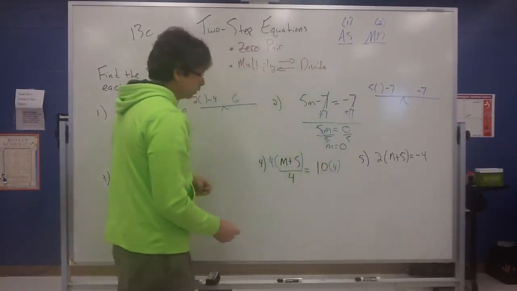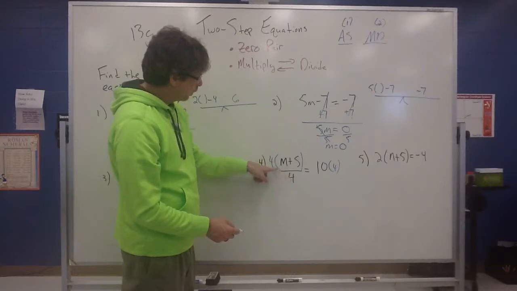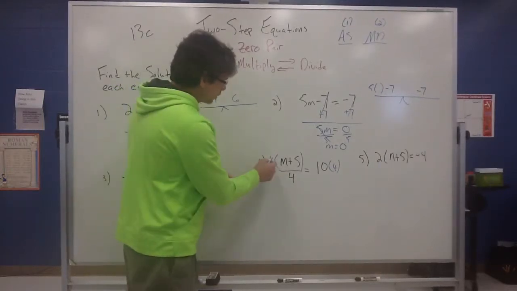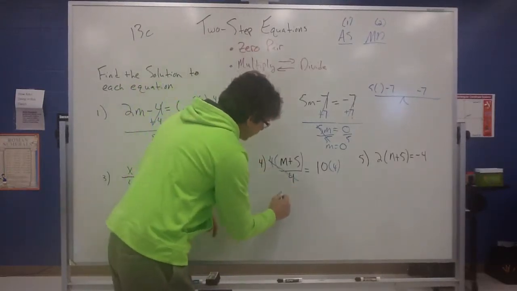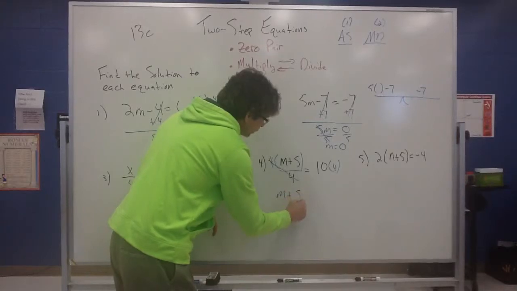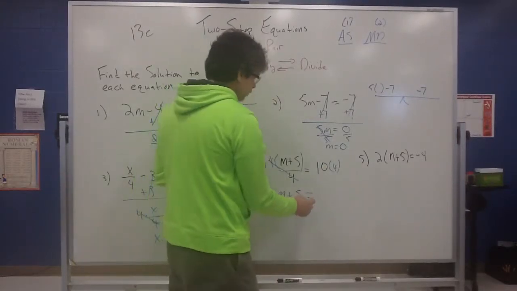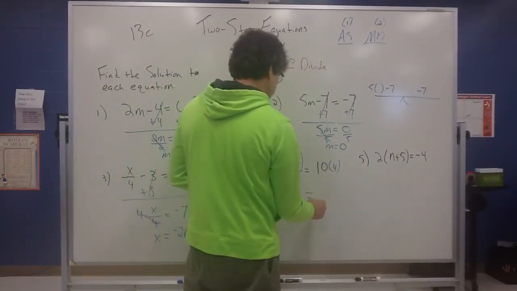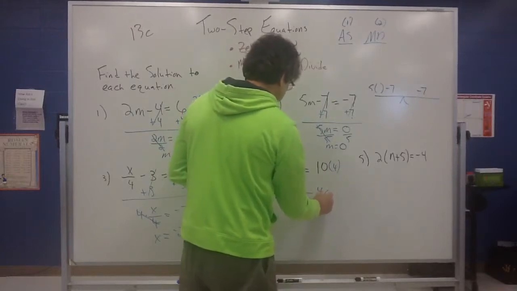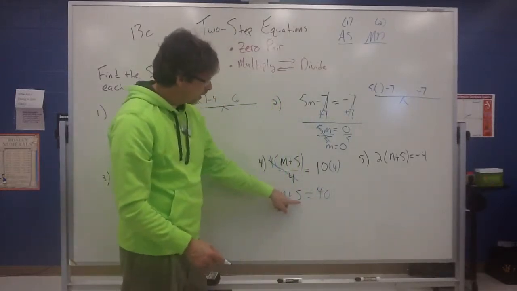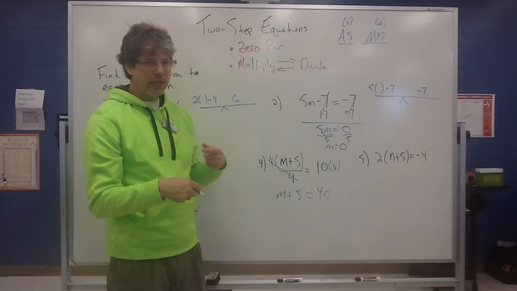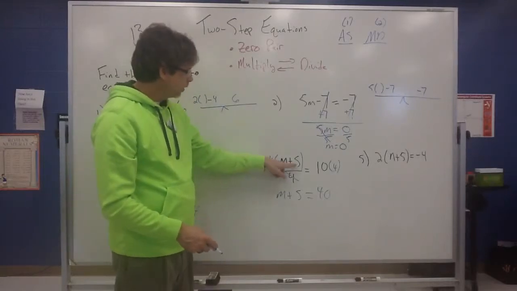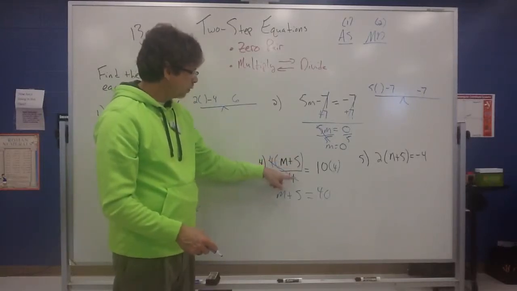So I'm going to use parentheses to show multiplication. But we do know that this 4 does go in this 4, and they just divide out. That just leaves me my m plus 5 over here. And this math over here, 10 times 4 is going to give me 40. And then, what plus 5 gives me 40? You should be able to see probably that 35 there. 35 plus 5 is 40. 40 divided by 4 would give me 10.